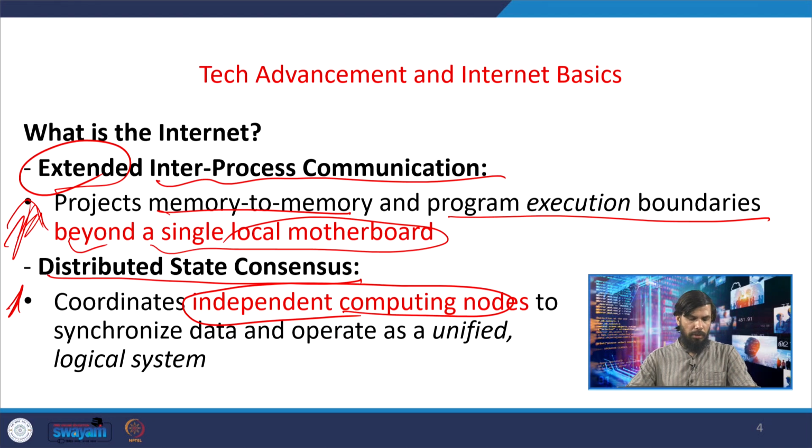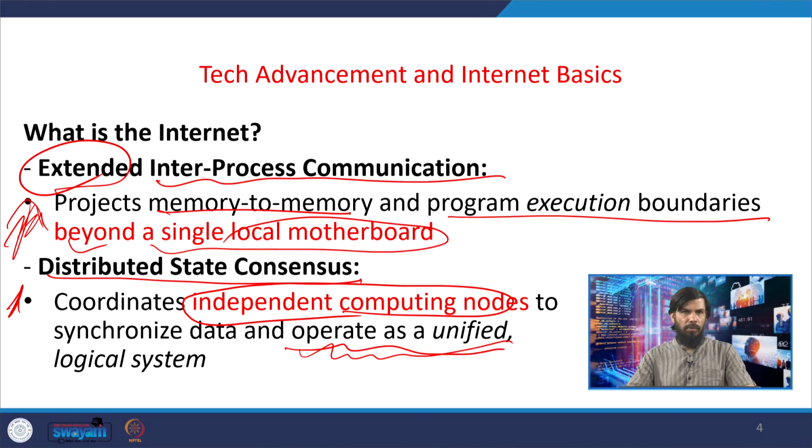That is done through standardized network protocols, and because of this we can say that everything is operating as if it were a unified logical system. We are able to synchronize data, manage the data and minimize the data losses that can happen due to the network.